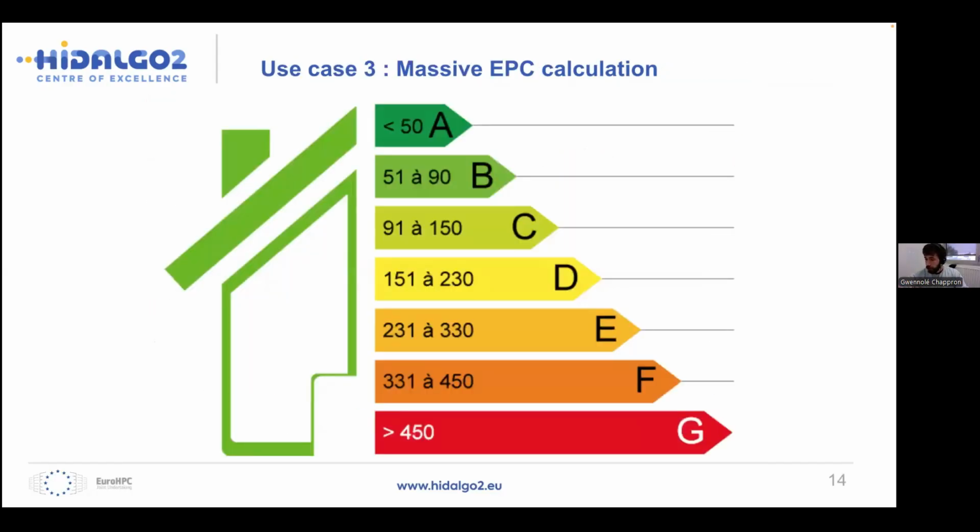And finally, the last case that we are working on is doing a mass screening of buildings. Using ensemble simulation, we can provide some regulatory EPC. Europe wants to do this kind of lettering for buildings, and they want to harmonize the lettering for every country in Europe.